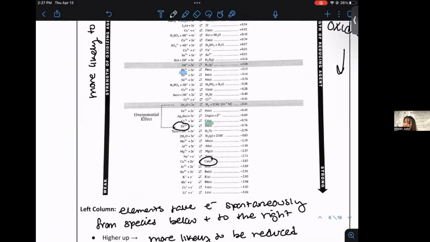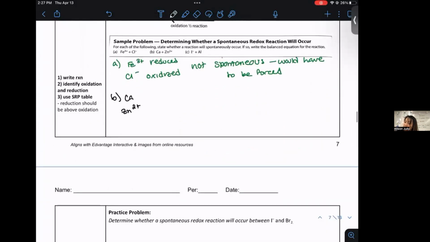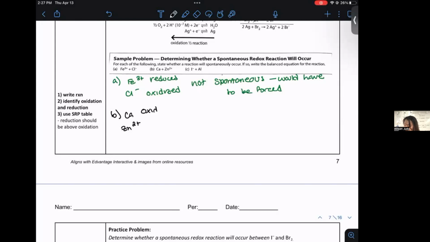But is this spontaneous? Yes, because our reduction species is above our oxidation species. So calcium is oxidized, zinc 2 plus is reduced, and this is definitely spontaneous. The universe would just naturally have it flow like this.